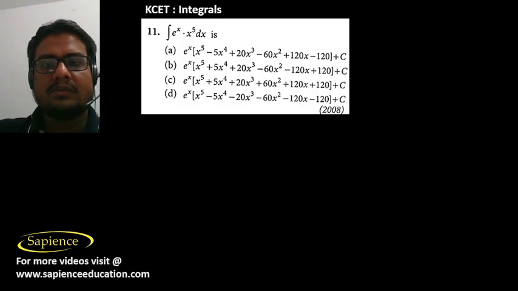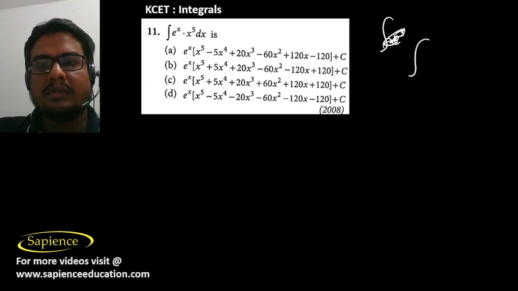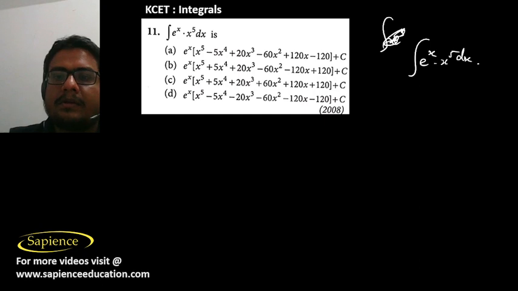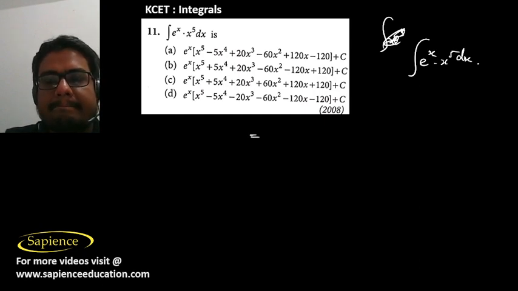And in question number 11, it is told we have to find integral x power 5 e power x into x power 5 dx. So here we can do what?